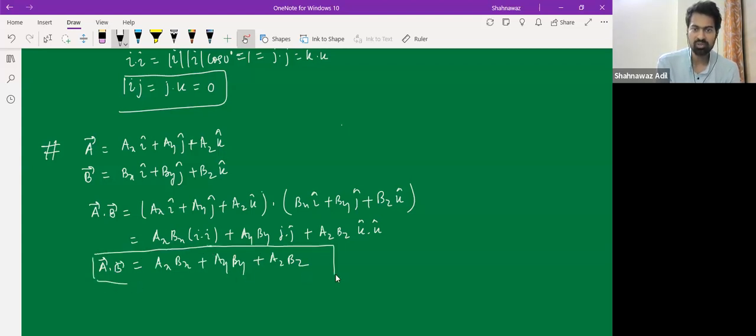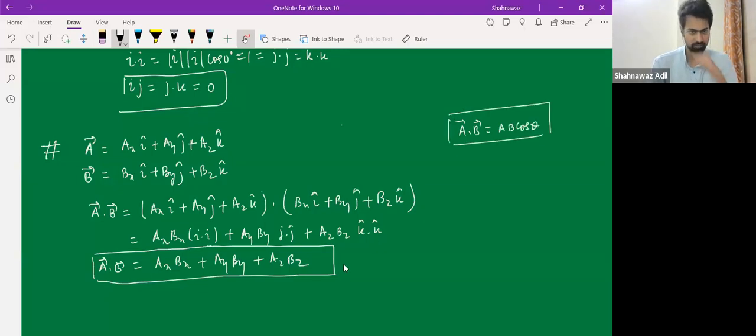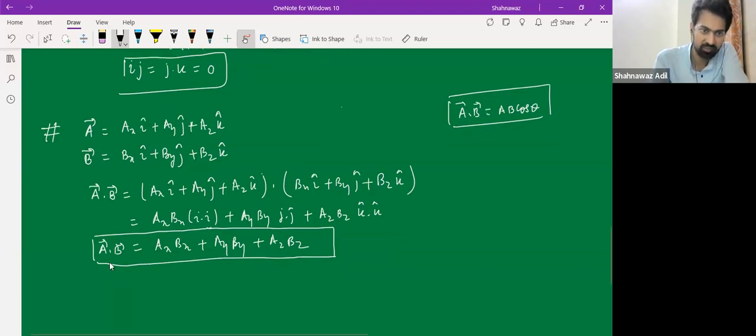And in the polar form, A dot B is simply AB cos theta, right? So please note down this part and calculate this question.